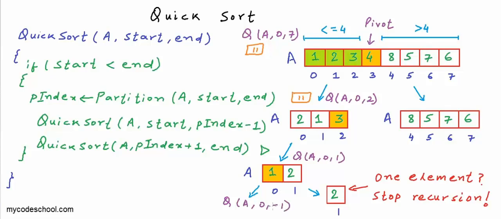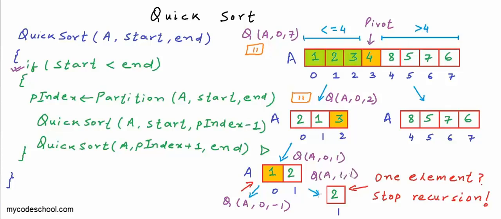Now start equals 0 and end equals -1 is an invalid segment, but our code is taking care of it. We will not go inside the if condition for this particular call, and this call will simply finish and exit. So this will simply return without doing anything. The control will return back to Q(A,0,1), and now this will make another recursive call to Q(A,1,1).